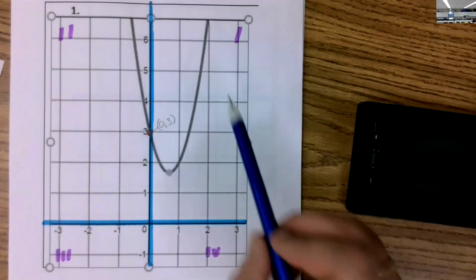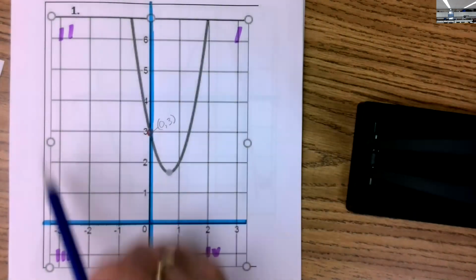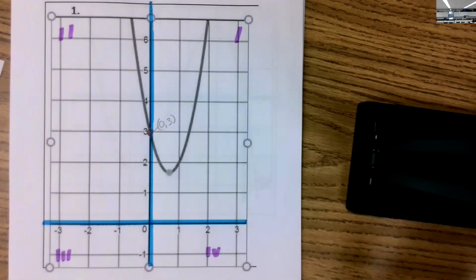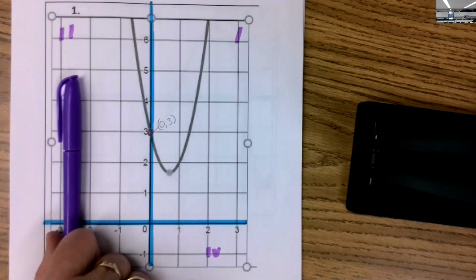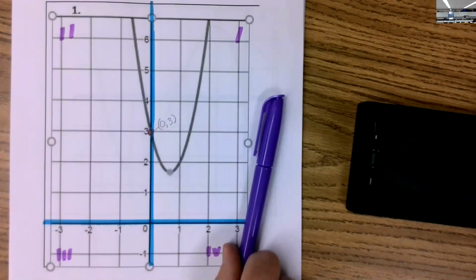So I highlighted them, and I also marked in 1, 2, 3, 4. I marked my quadrants. I did that all at once, so I only have to think about it once and get it all done. Now, when we're reading a graph, you are reading it from this direction. So you are looking, going this way all the time.